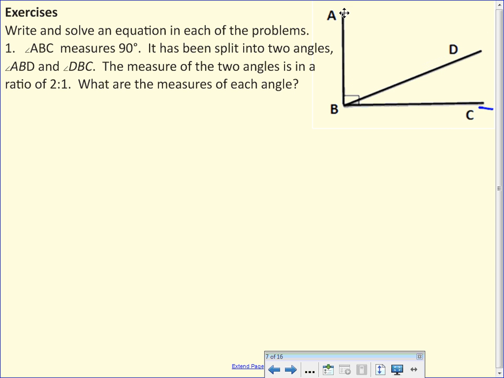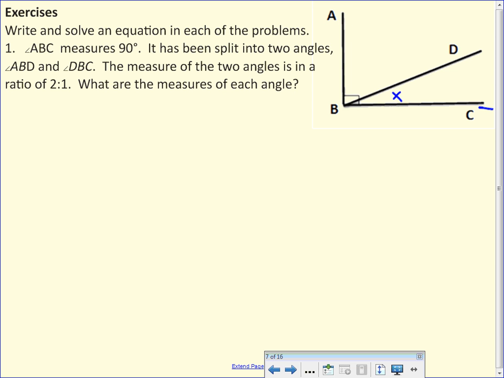The measure of the two angles is in a ratio of 2 to 1. What are the measures of each angle? How am I going to set that up? If they're 2 to 1, that means one angle is twice as big as the other angle. So how can I label those angles in the picture?